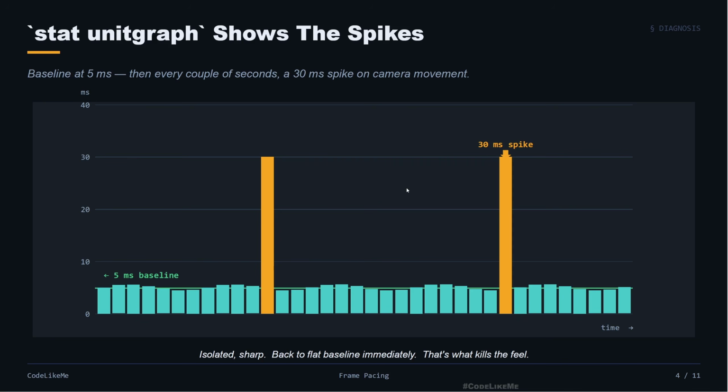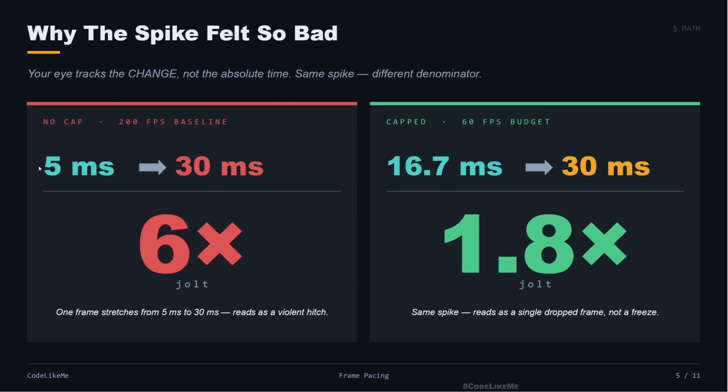As I said, landscape chunks are generated because I have an infinite terrain underneath in my game, and that's what is causing this spike. 30 ms is not a problem actually, but against a 5 millisecond baseline, it is 6 times the jolt.